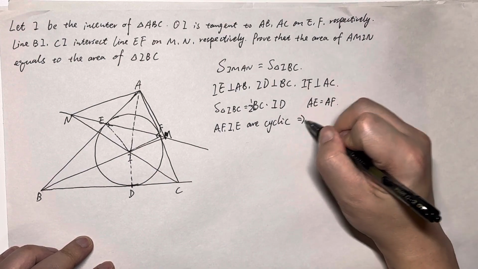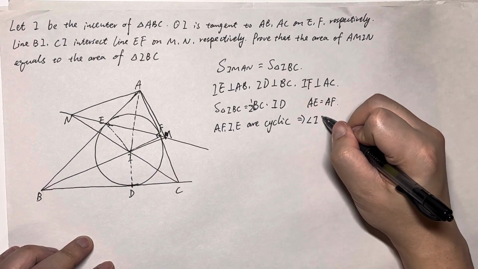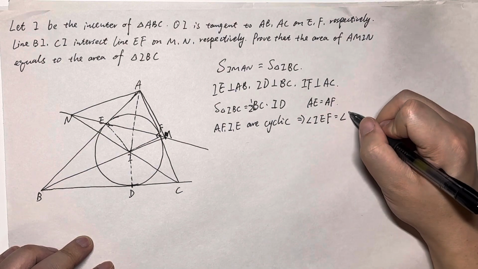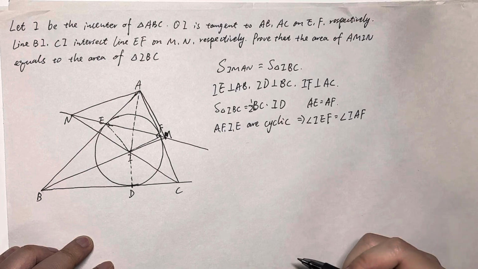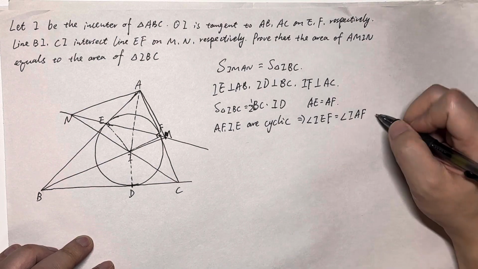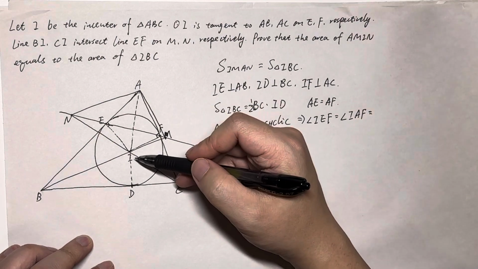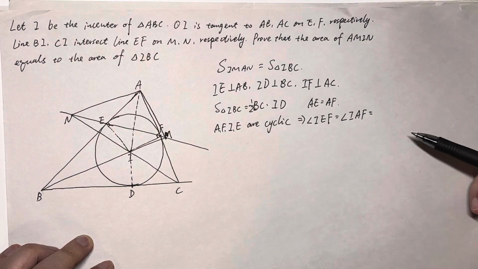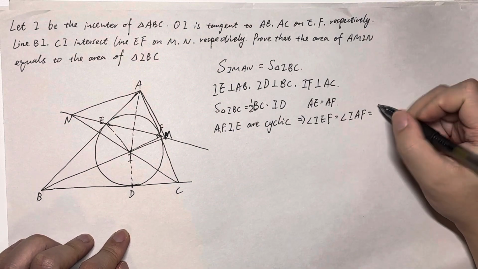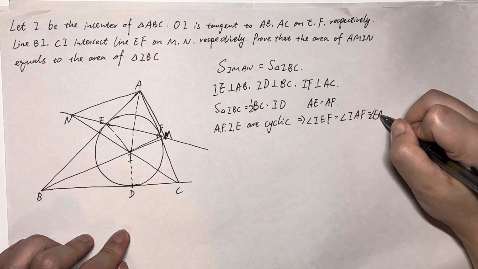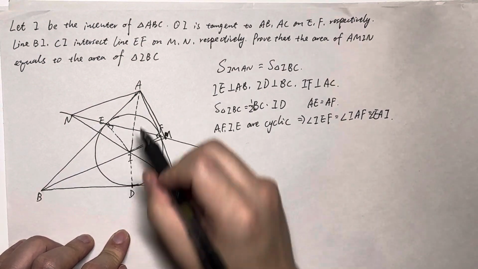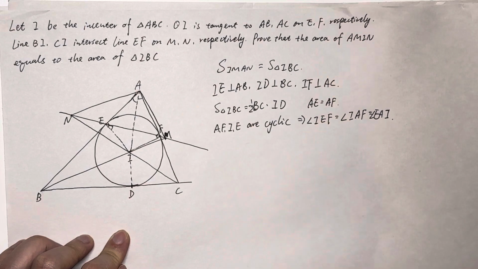So we got angle IEF equals angle IAF, right? And we know that AI is the angle bisector of angle EAF. So angle IAF equals angle EAI, right? This angle IEF equals this angle equals this one.